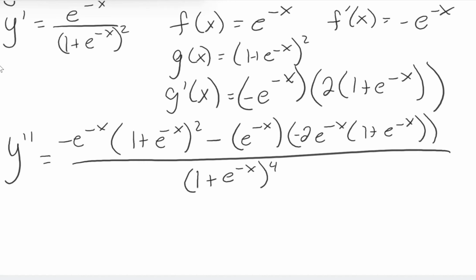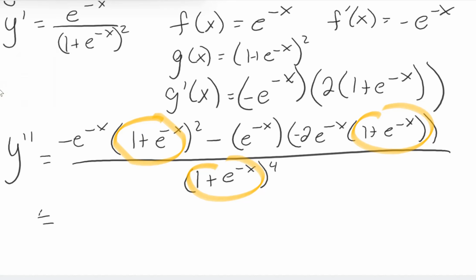Okay. So I've got an e to the negative x there, an e to the negative x there, and an e to the negative x there, right? I know I have 2 and 4, but I have at least 1 in every one of those spots. So since there's 1 in every single spot, I can cancel them out.